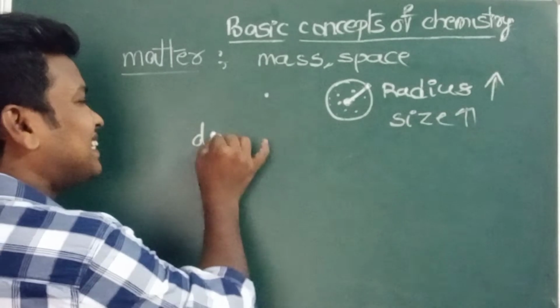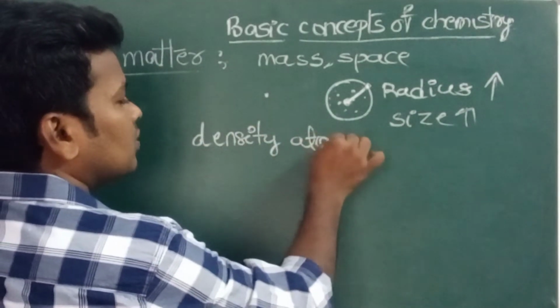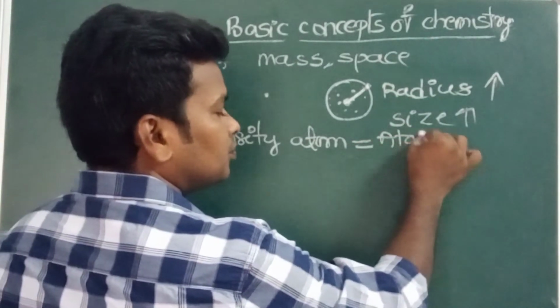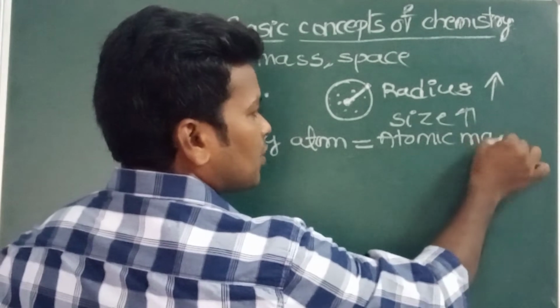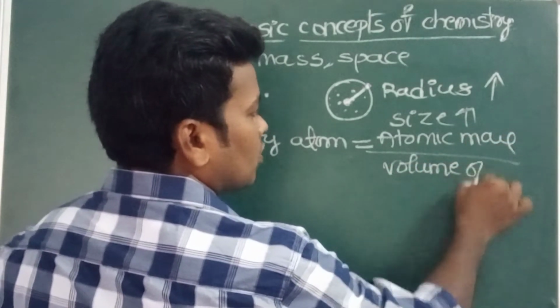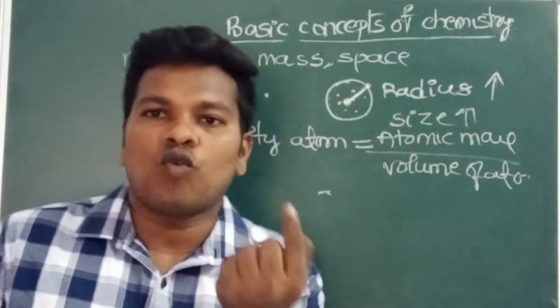If you want the density of an atom, density of atom is equal to atomic mass upon volume of atom. Atomic mass is nothing but the mass of one atom.